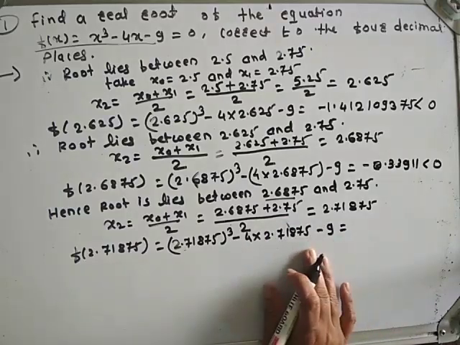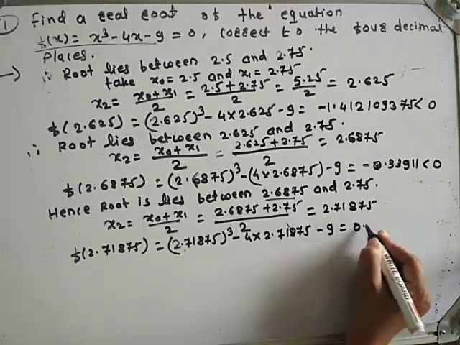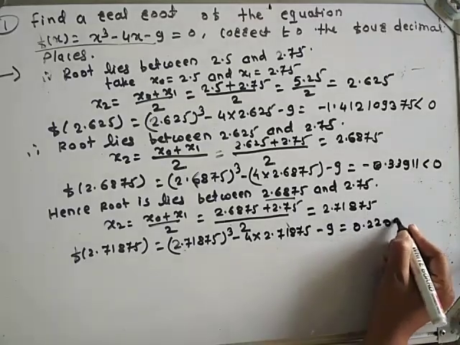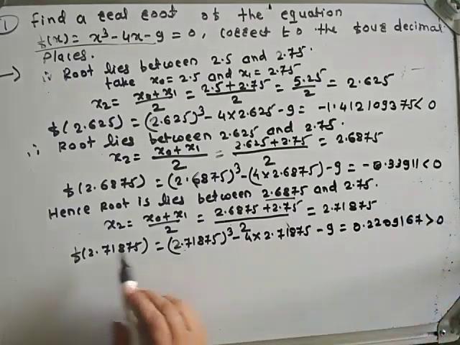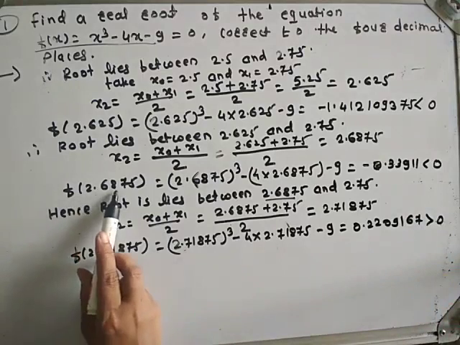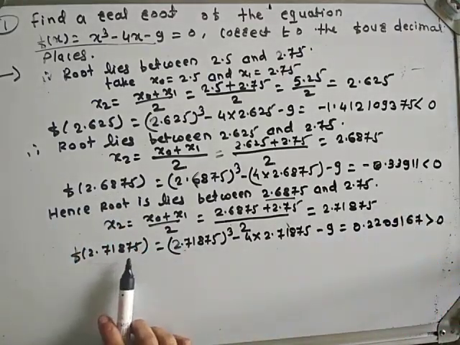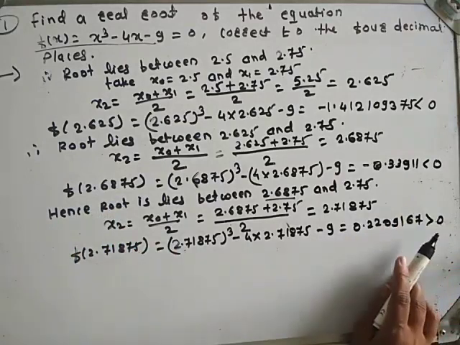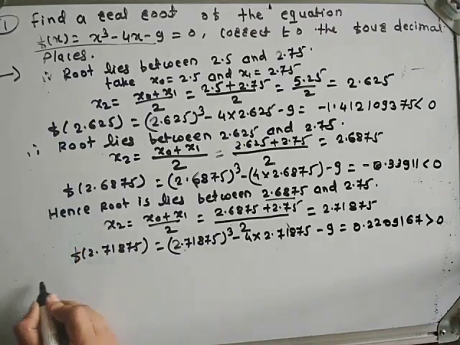After calculating this value, we get 0.220967, which is greater than 0. See here, f of 2.6875 is negative and f of 2.71875 is positive. Therefore, the root lies between these two numbers.